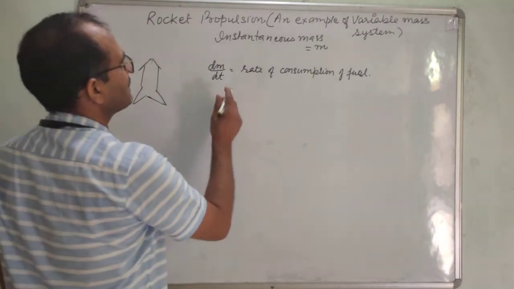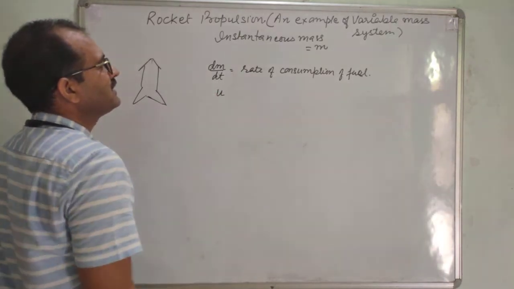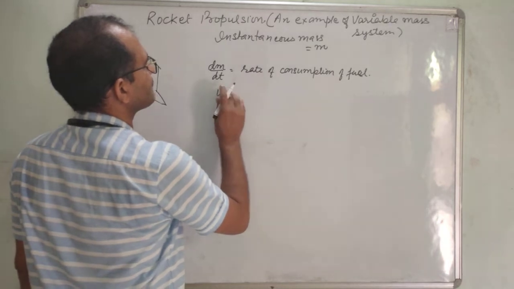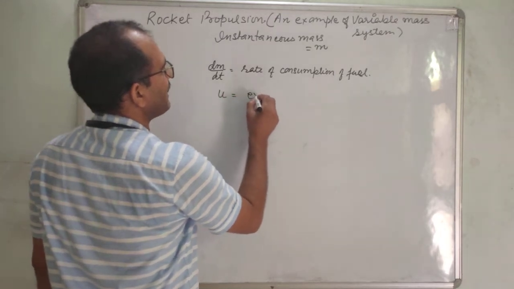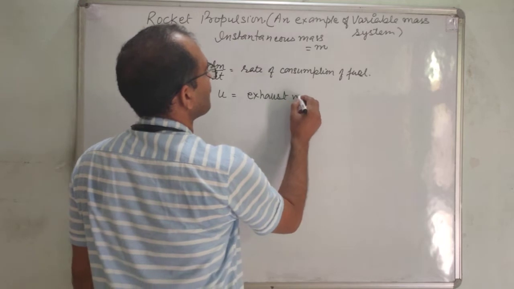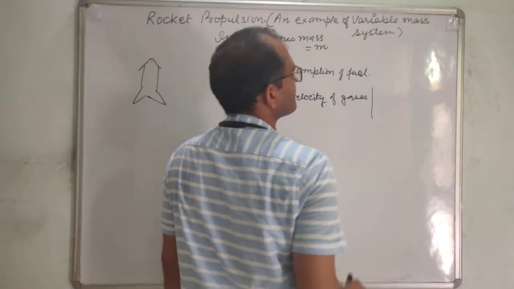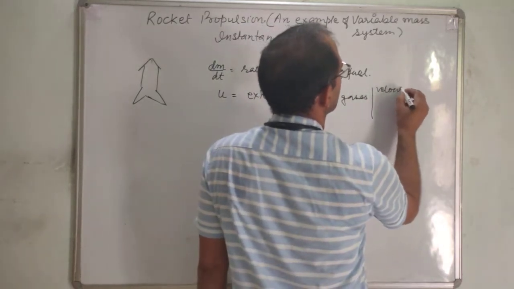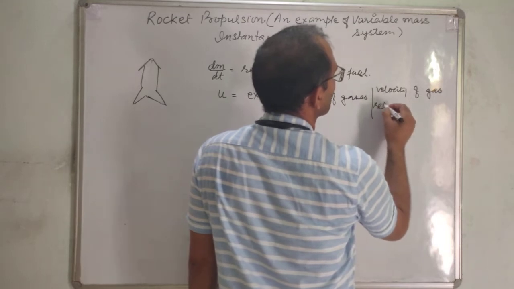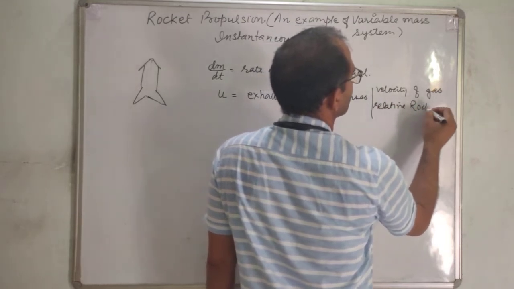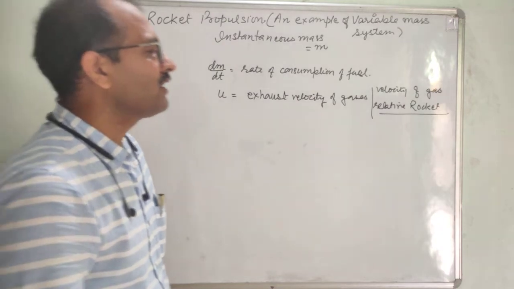Next, I am assuming that u is the exhaust velocity of gases, which means this is the velocity of gases relative to the rocket.